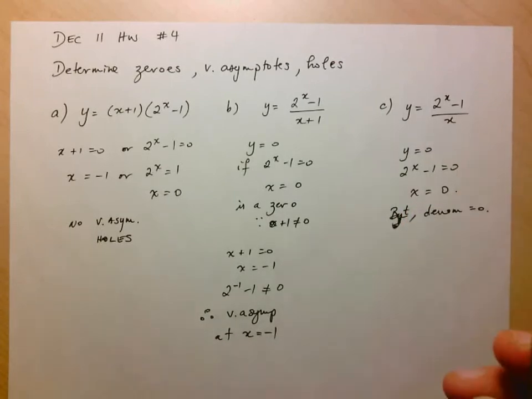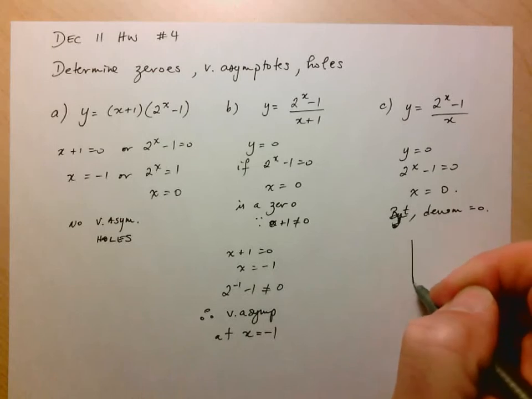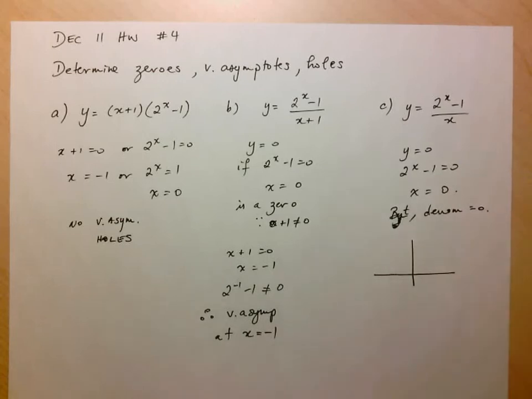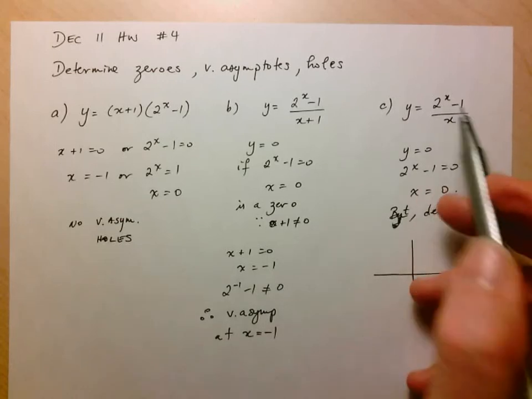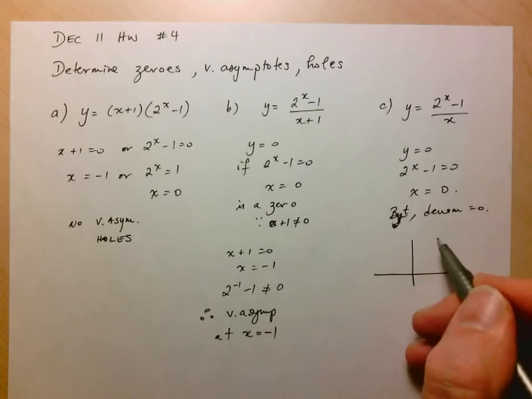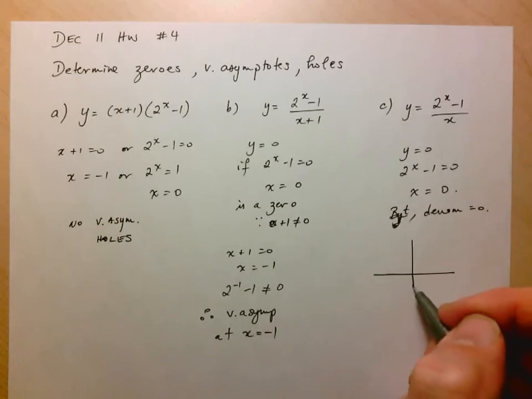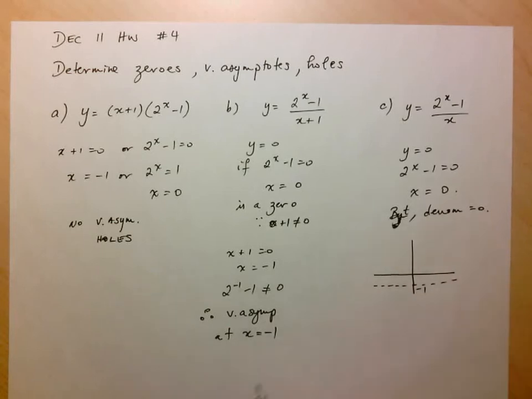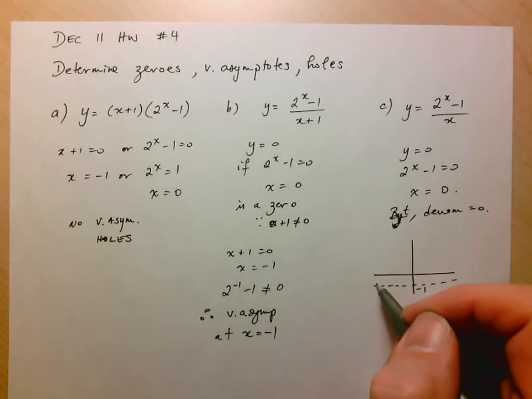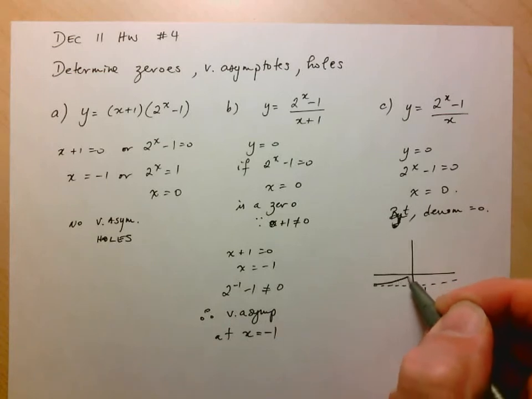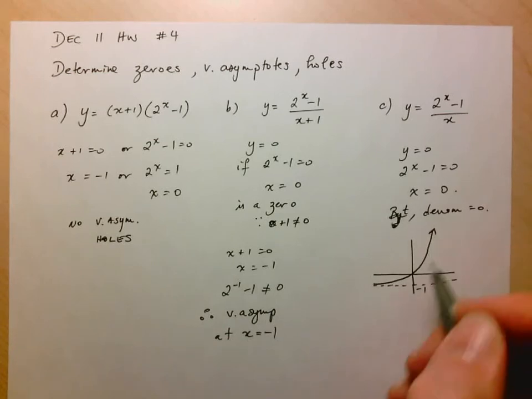So let's take a look at maybe a graph and see if it helps me out. 2 to the x is just an exponential function. If I do minus 1, I'm just bringing it down by 1 unit, and so I know my function is going to look something like this.